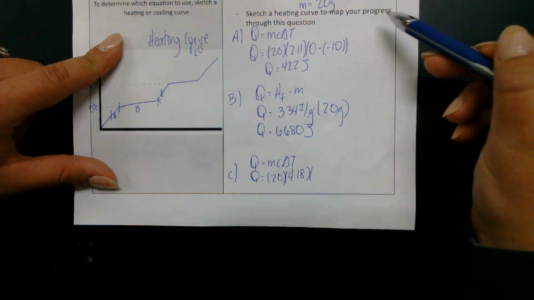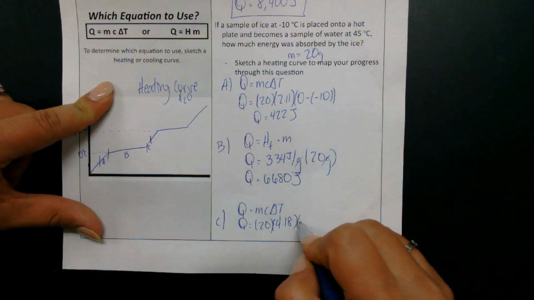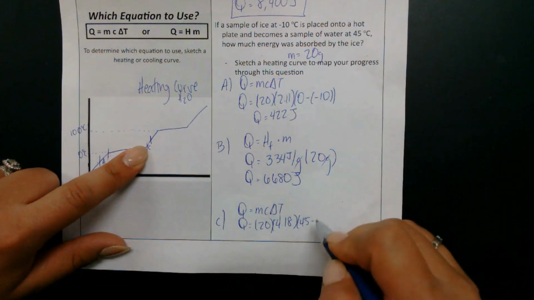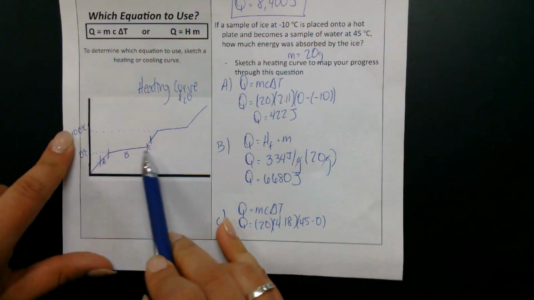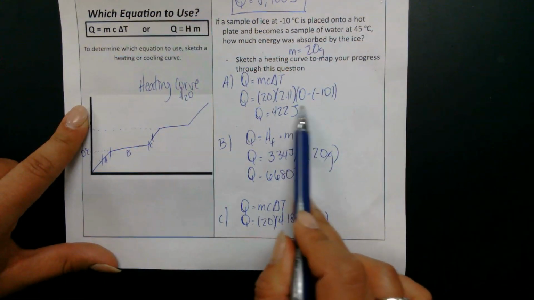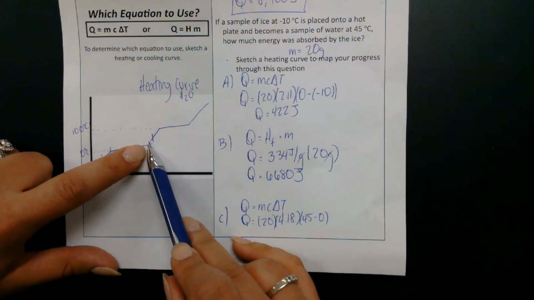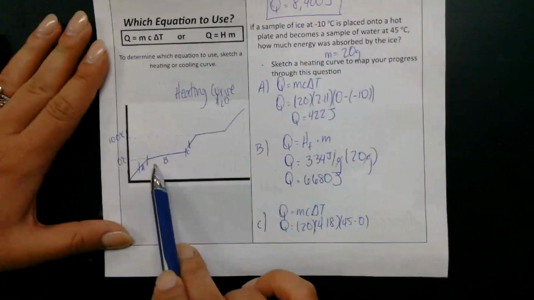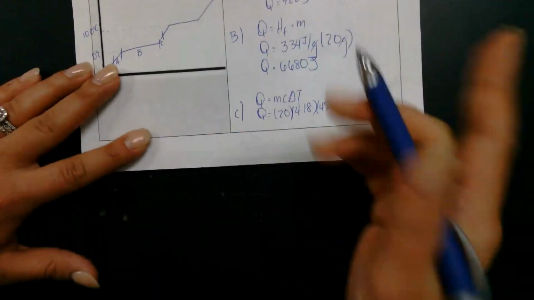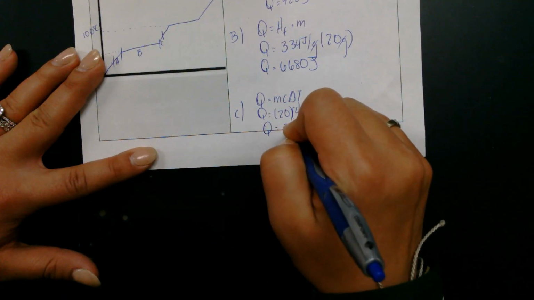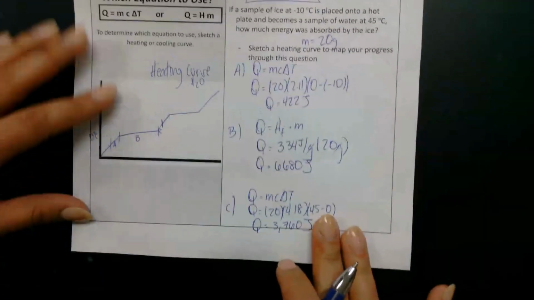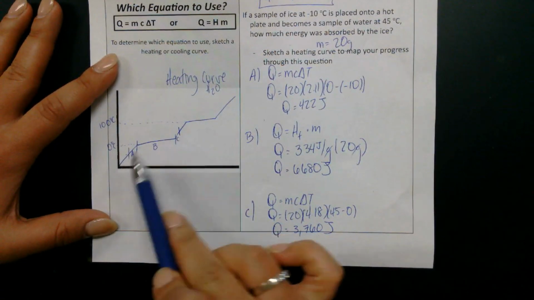Our final temperature is 45. The initial temperature for this section is 0, right? If we were looking at the whole system, it would be -10, but we already calculated that part, the 0 to -10. So now we're just looking at from 0, so this temperature is 0 right here for water, up to 45. That's why I included that part right here. So Q equals 3,760 joules.